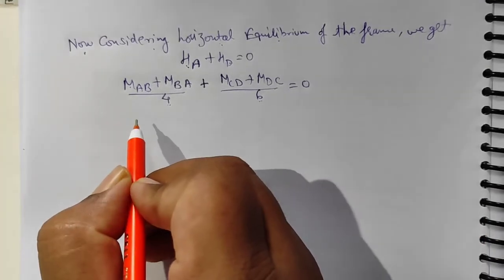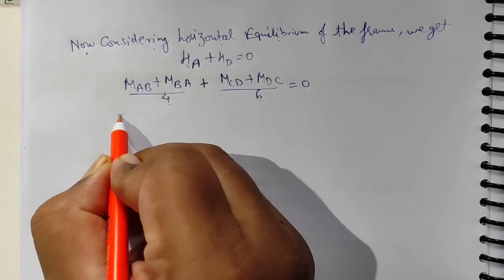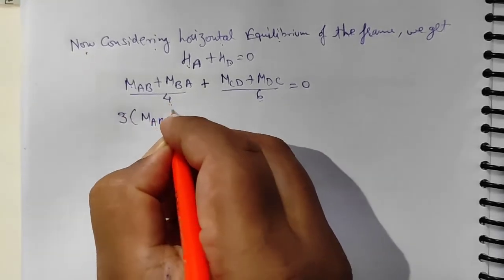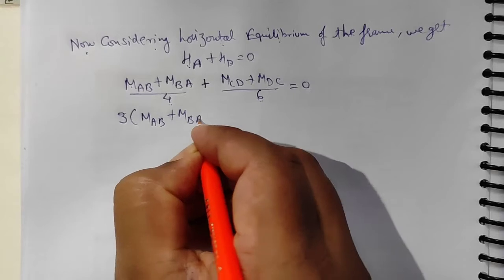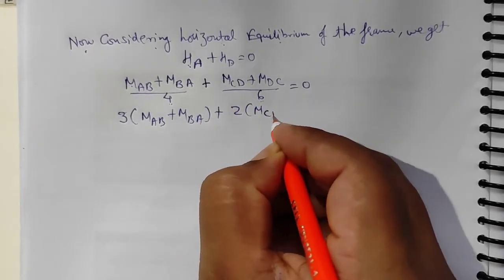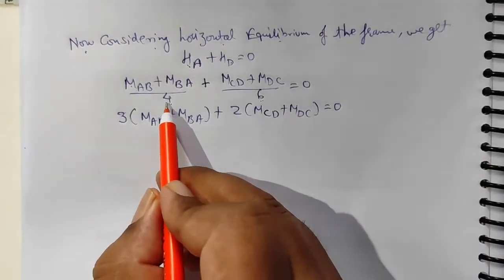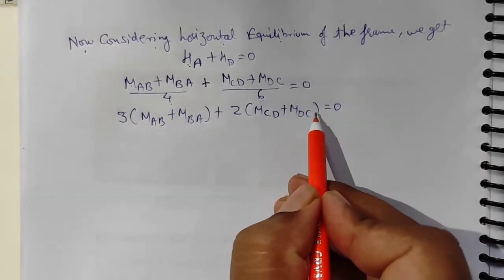Now simplifying by taking LCM, we'll get 3 times MAB plus MBA plus twice of MCD plus MDC equals to 0. We have just taken the LCM and simplified the equation.